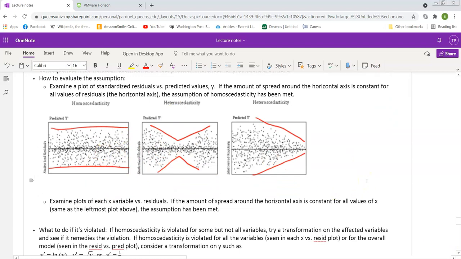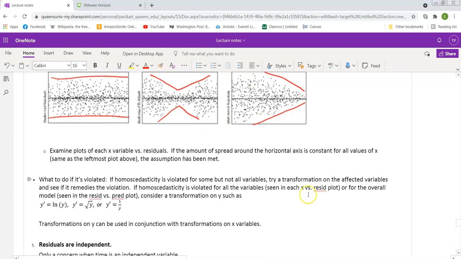Or if we fix something up there, it may mess this up. So that's where things get really fun. So you could try a transformation on some of the x variables, or you could try a transformation on the y variable. You could do a natural log, a square root, or an inverse transform on your y variable.